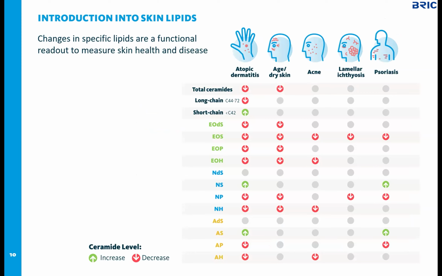As you see in atopic dermatitis, it has been shown that long-chain ceramides are reduced in this skin condition, whilst the amount of short-chain ceramides is increased. And it also has been shown that short-chain ceramides have a little bit different phase behavior, and they're less prone to build these beautiful lamellae in stratum corneum, and thus they cannot effectively prevent transepidermal water loss, and they contribute to exacerbation of atopic dermatitis.